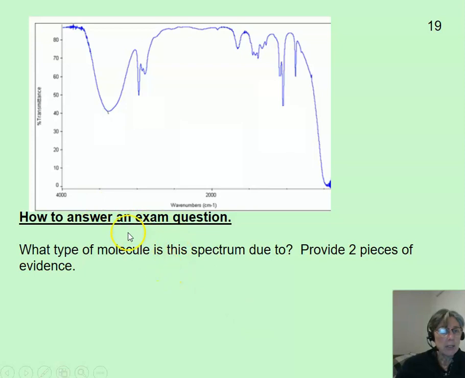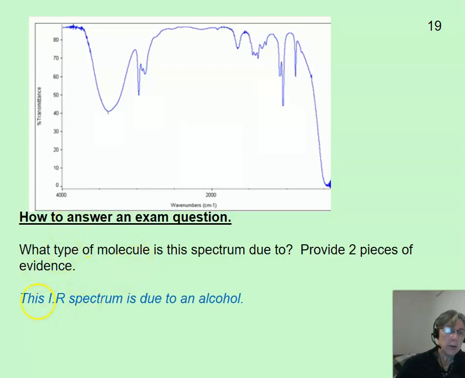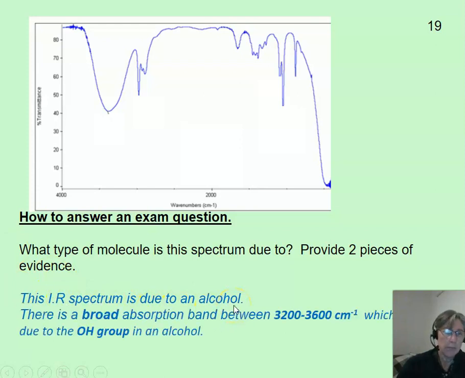So if you're asked in an exam question, what type of molecule is this spectrum due to, provide two pieces of evidence. So this spectrum is due to an alcohol, so be very clear, alcohol.